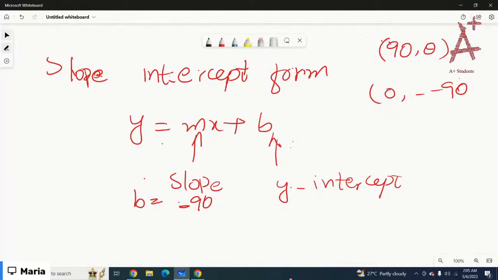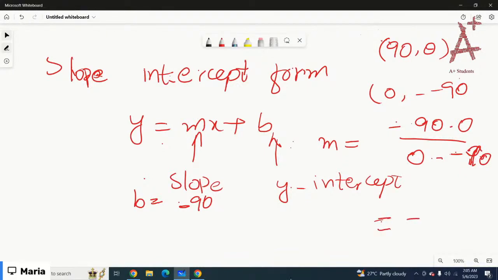Got it? So m equals y2 minus y1 over x2 minus x1. It would be negative 90 minus 0 over 0 minus 90. So it would be negative 90 divided by 90.